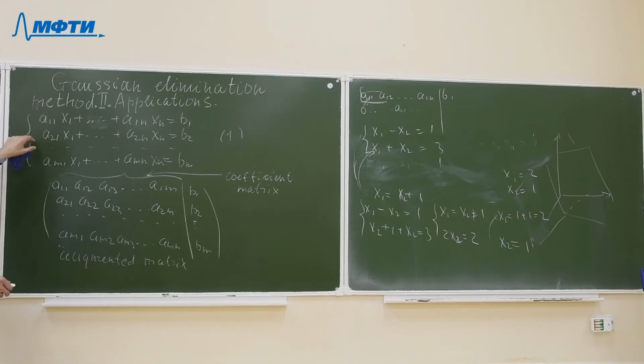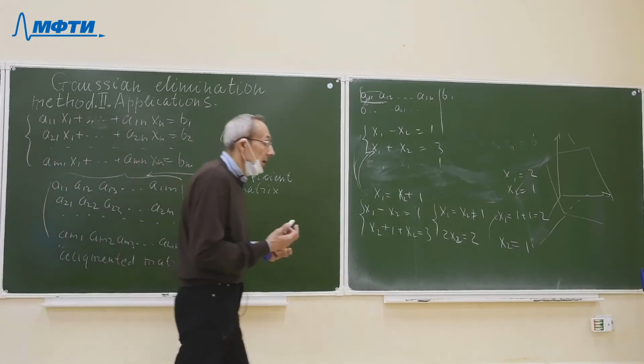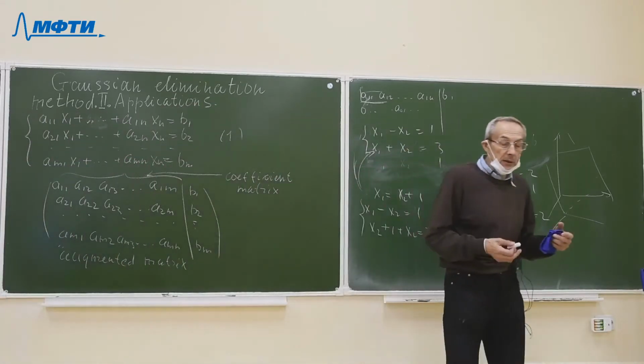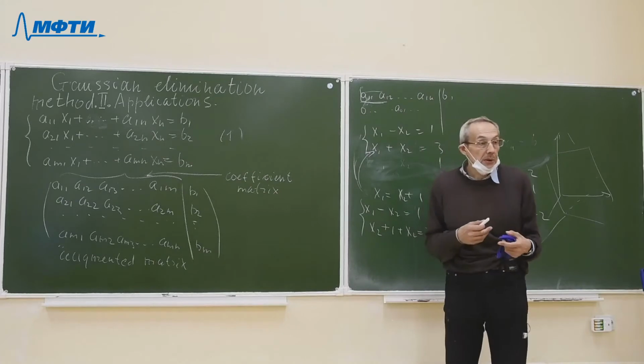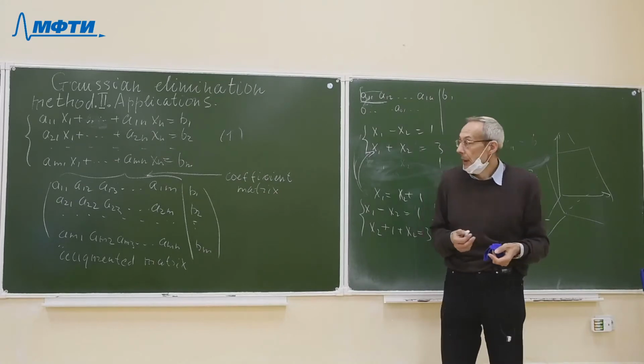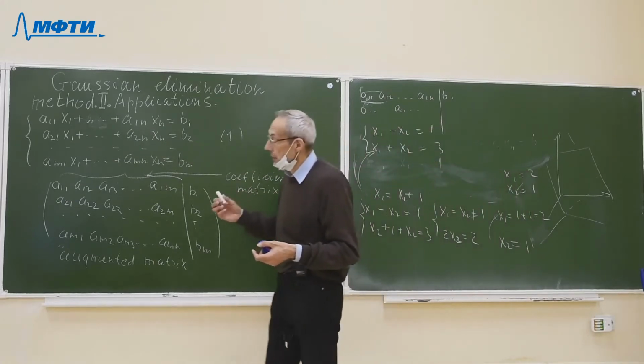After that we obtain a linear system of lower order, and we repeat this operation.